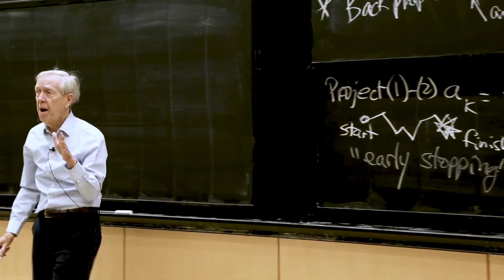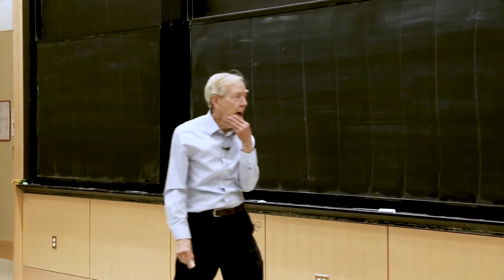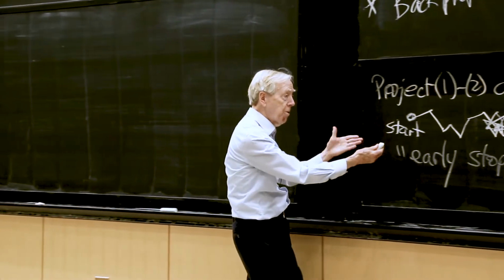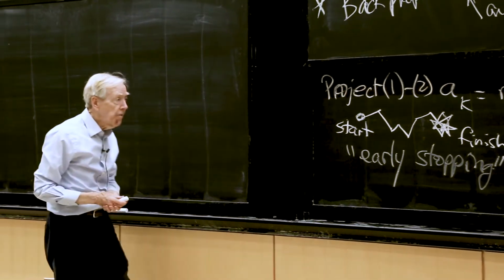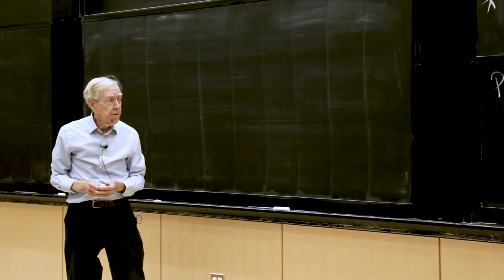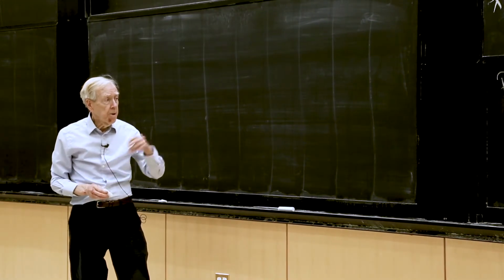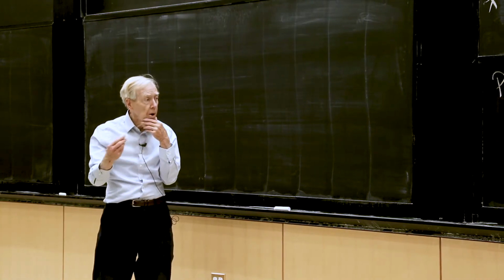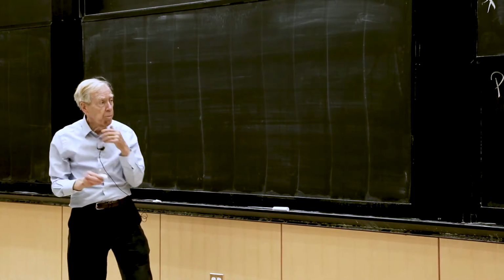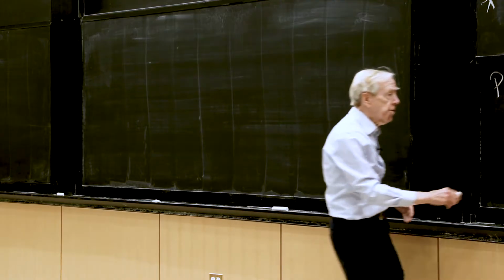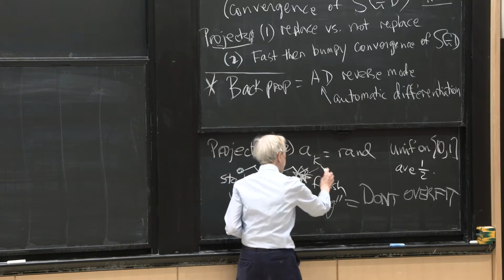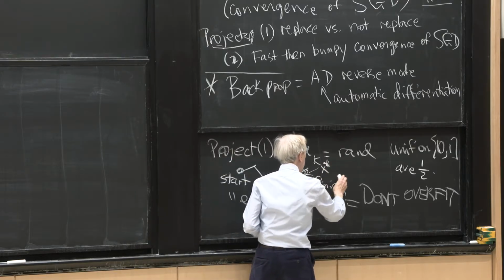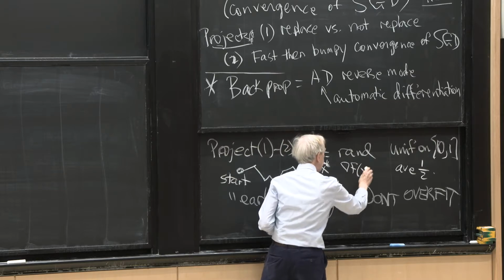So we wanted to stop early anyway. And early stopping is a good idea if that's the approach to the x star that you're looking for. This is the place, x star, where grad f at x star is 0.